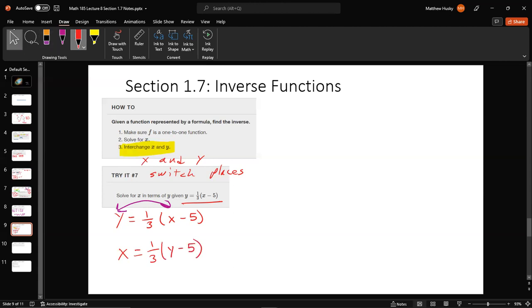And then, if you want to get rid of 1/3, you need to multiply both sides by 3. That will get rid of the 1/3 for you. So then 3x equals y minus 5. Since you're subtracting 5, you would then need to add 5.